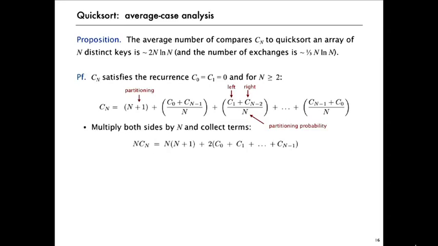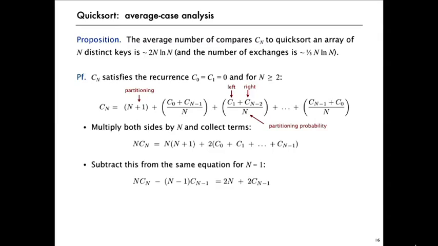First thing we do is just multiply by n and collect terms. So NCN, n times n plus 1, and then these terms, every size appears twice, so it's twice the sum of from C0 to Cn minus 1. That's a simpler equation already. Now what we can do is get rid of that sum by subtracting the same equation for n minus 1.